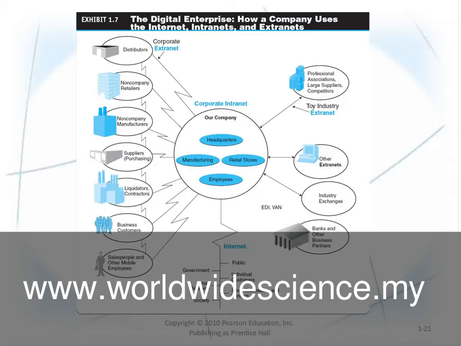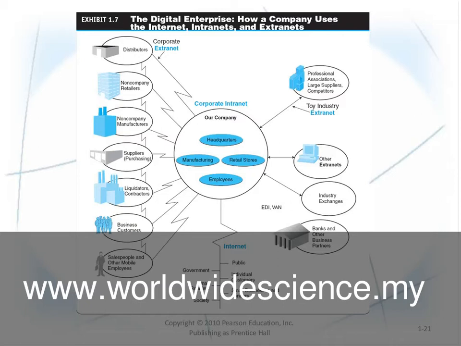We have our network. All the parts of our company or organization get connected together. For example, we have headquarters, manufacturing plant, retail stores, employees. All of these parties are part of the computer network. We call this one the intranet.